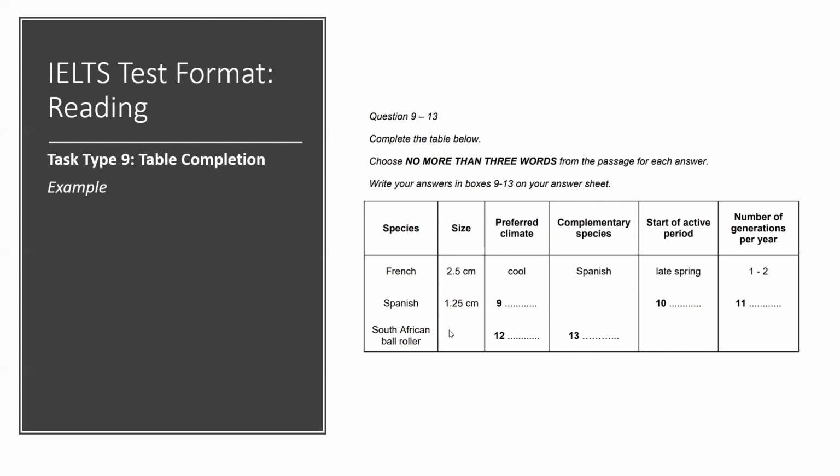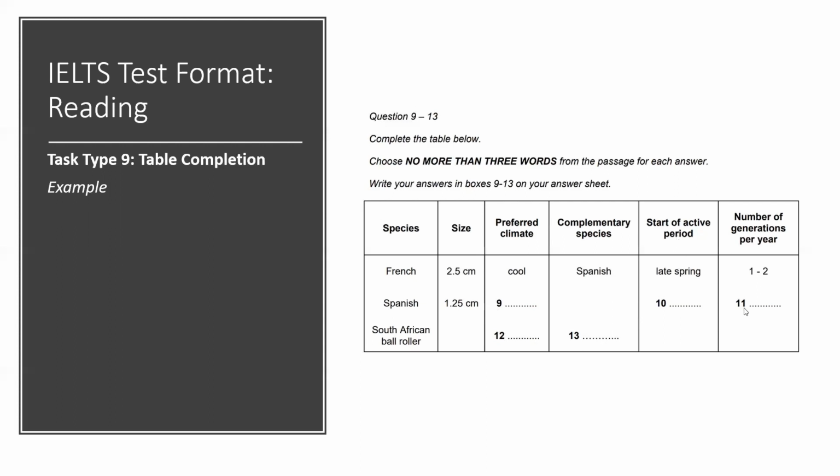For example, in question 9, the species is Spanish, the size is 1.25 centimeters, and the preferred climate is missing, so we have to write that. In question 10, same species, we have to write the start of the active period.